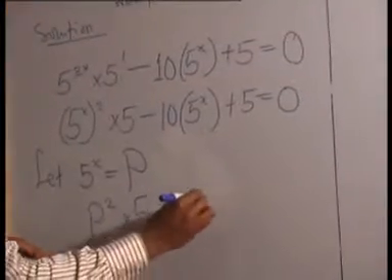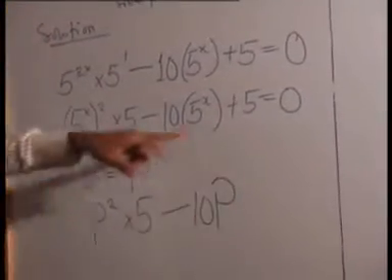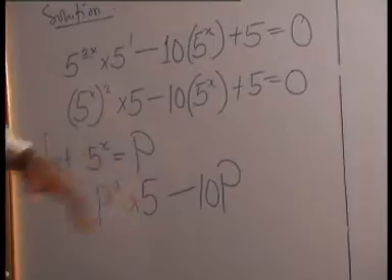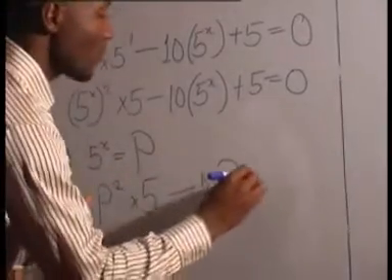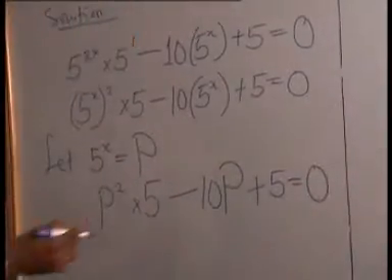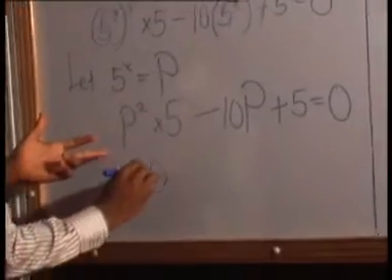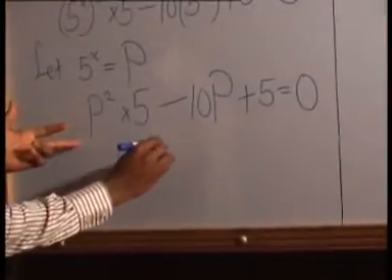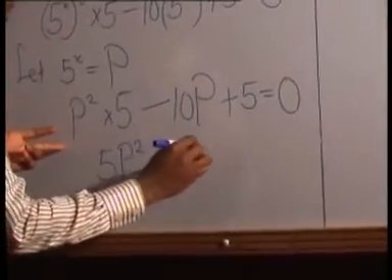Minus 10 times p, since instead of 5 raised to the power x you put p, plus 5 equals 0. So we have 5p squared minus 10p plus 5 equals 0.